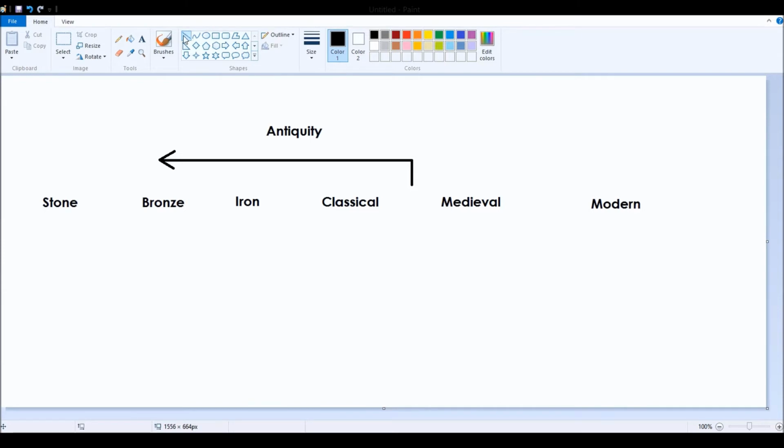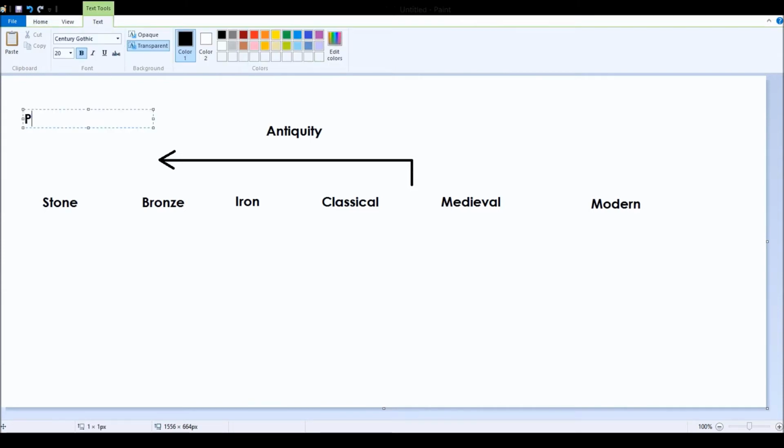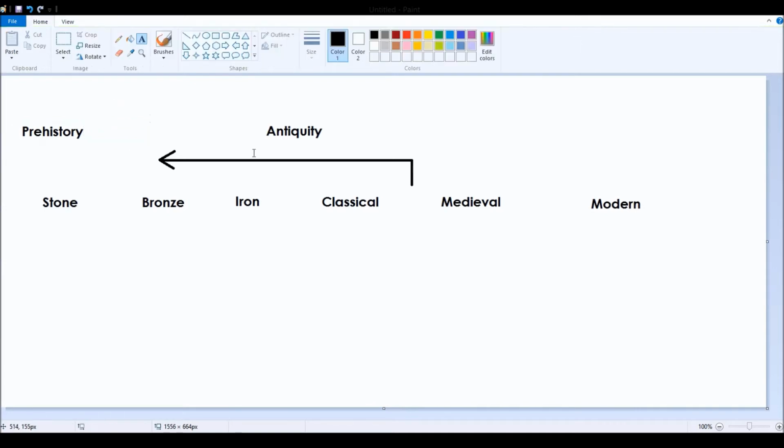Now, of course, there's also prehistory, which is a way to categorize things that happened in the past before history itself.